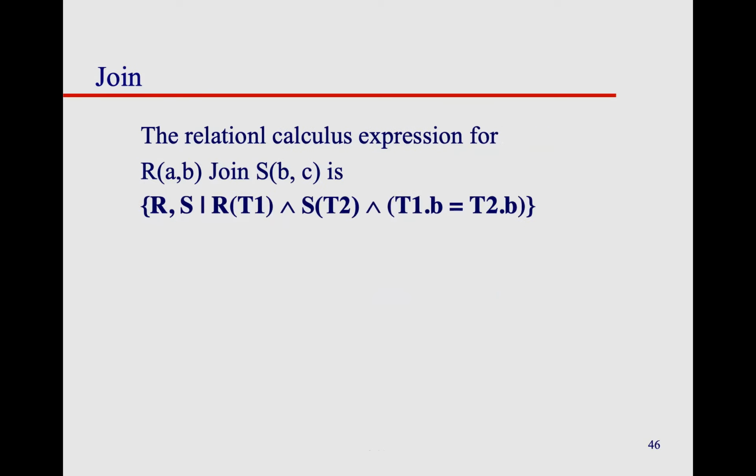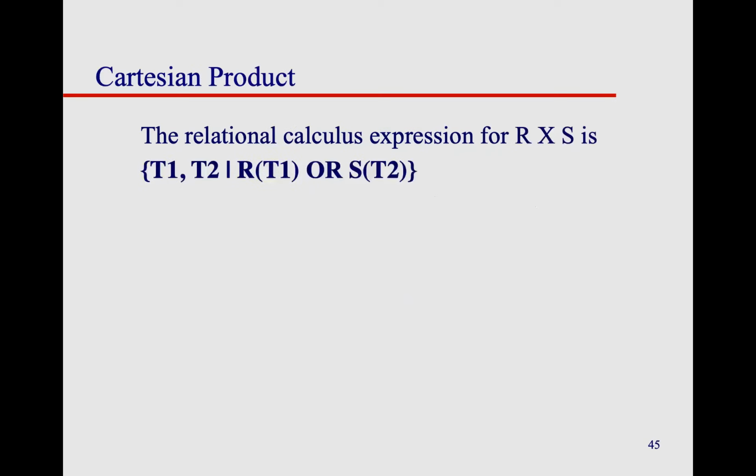Okay, here's a join. Again, it should be T1 comma T2. So we are taking R and S. Okay, I'm struggling today. This really should have been an and back here.